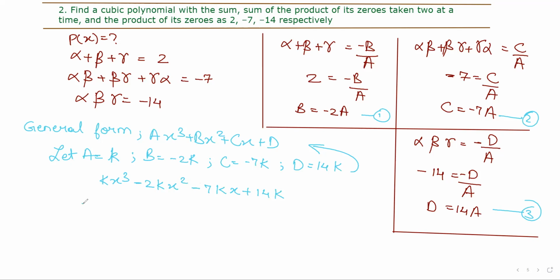You can take k common. You're left with x cubed minus 2x square minus 7x plus 14. Now this is the general form of the cubic polynomial formed if you assume these values.